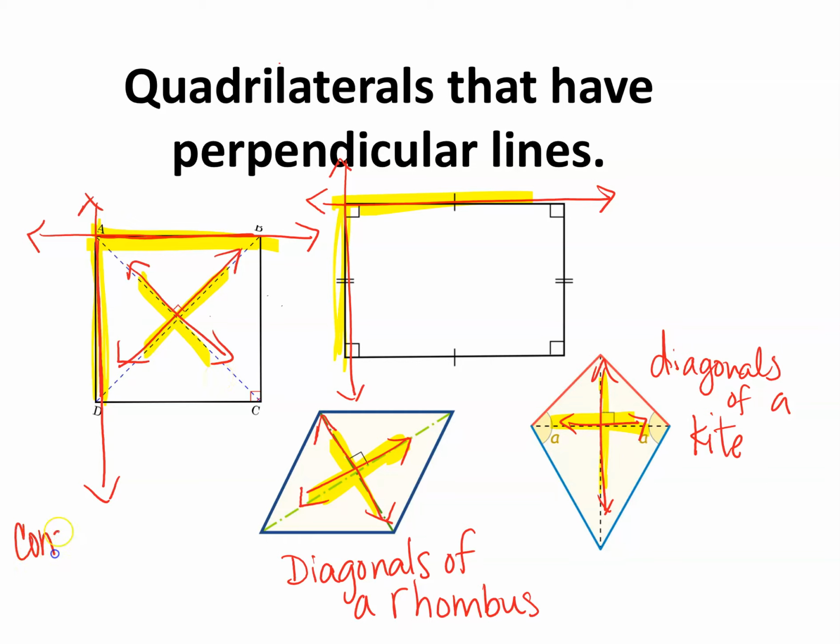Consecutive sides is when we have one side touching another, one right after the other, consecutive sides of both a square and a rectangle. All of these slopes should be opposite reciprocals.